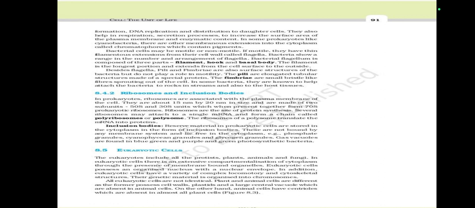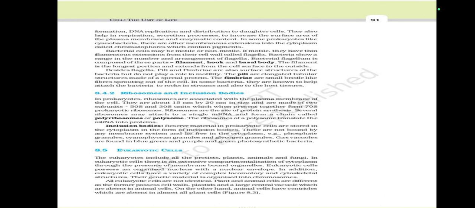Eukaryotic cells. Eukaryotes include all the protists, plants, animals, and fungi. In eukaryotic cells, there is extensive compartmentalization of cytoplasm through the presence of membrane-bound organelles.